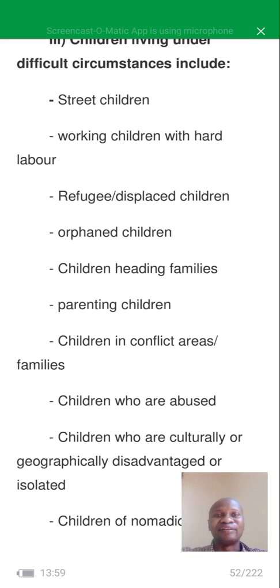Then category number 3, we are going to look at children under difficult circumstances. What do we mean by children who live under these difficult circumstances? This includes working children, children at labor. What are these types of children? As you know, children aren't supposed to work, they're supposed to sit at home and do housework. But you find that there are some unfortunate children who end up working.